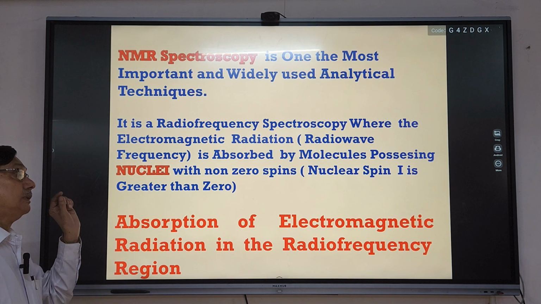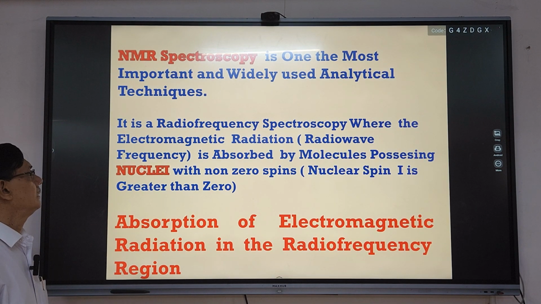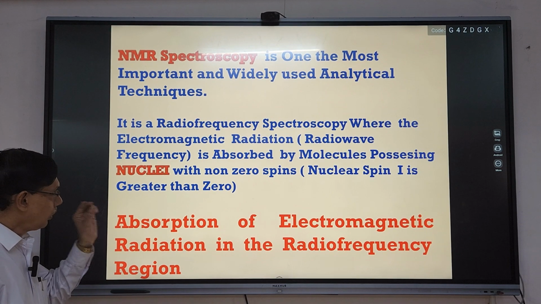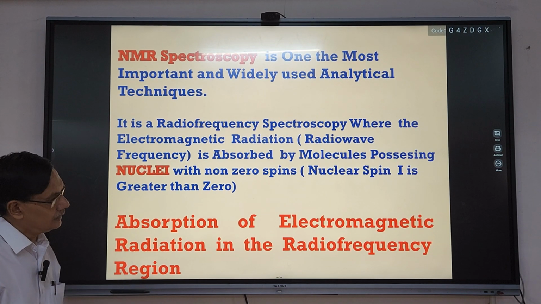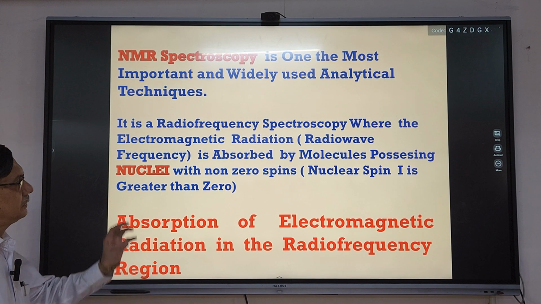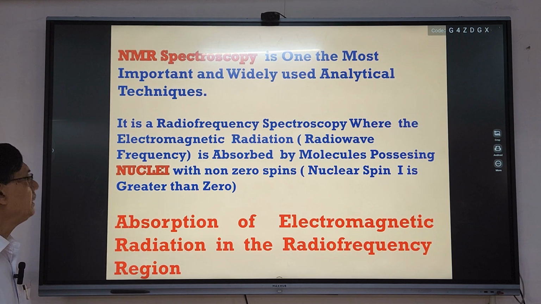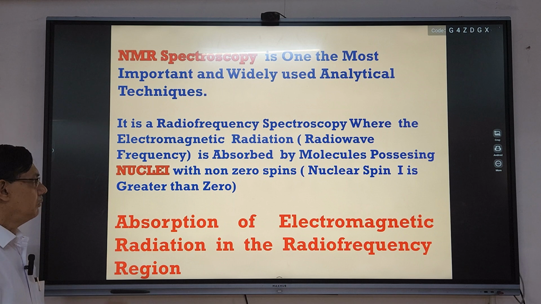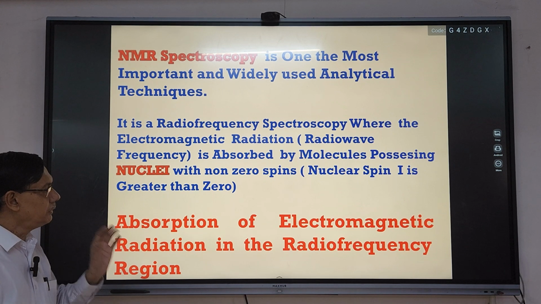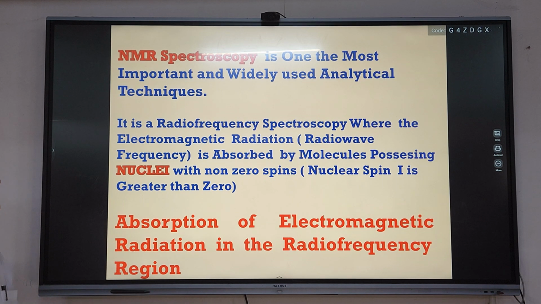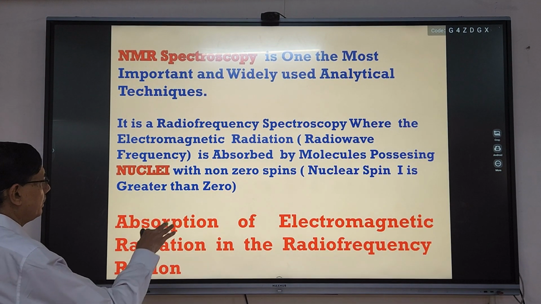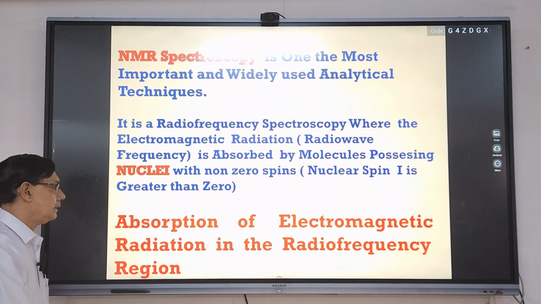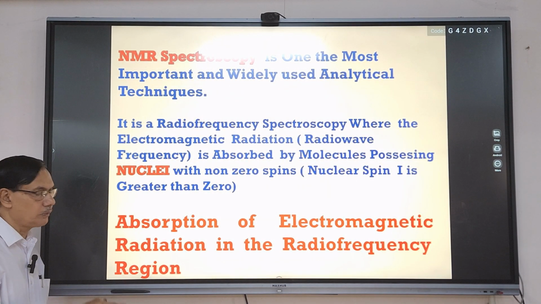Of course, that molecule must possess non-zero spin, that means that type of nuclei must have a particular nuclear spin, that is I. The nuclei must be NMR active. So in one sentence, you can call that absorption of electromagnetic radiation in the radio frequency region.